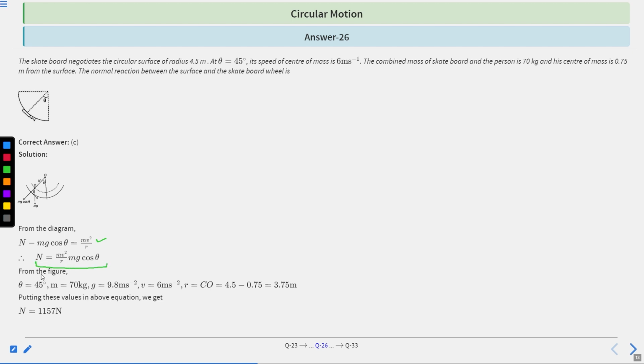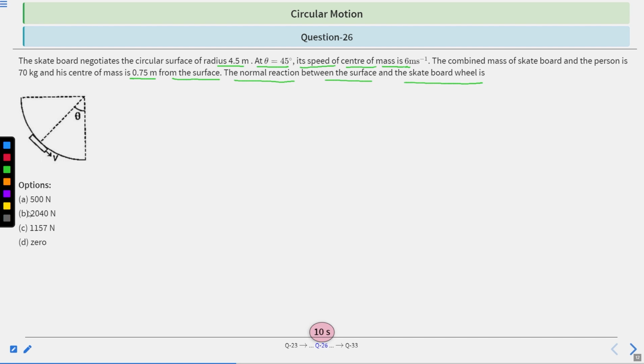From the figure, theta equals 45 degree, m equals 70 kg, g equals 9.8 meter per second square, v equals 6 meter per second, and r equals 4.5 minus 0.75, which gives 3.75 meter. Putting these values in the above equation, we get N equal to 1157 Newton. So the correct answer is C.